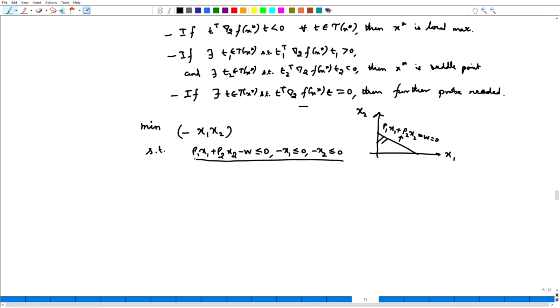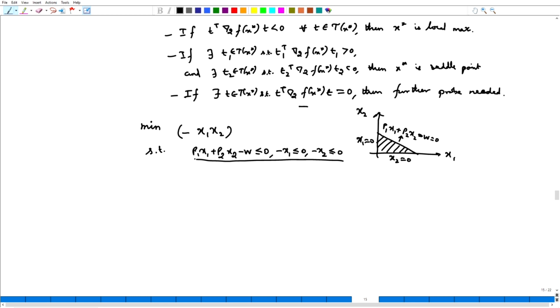So, we are considering this region, and this is x2 equal to 0 and this is x1 equal to 0. Since we want x2 greater than or equal to 0 or minus x1 less than or equal to 0, you consider the intersection of all these 3 sets, and you will get this particular set that I have drawn here.